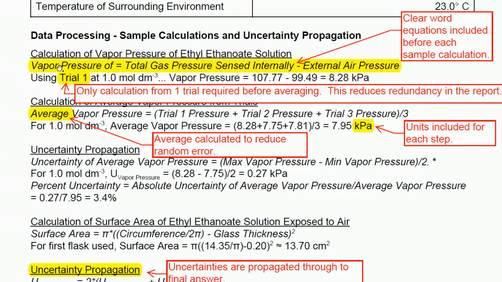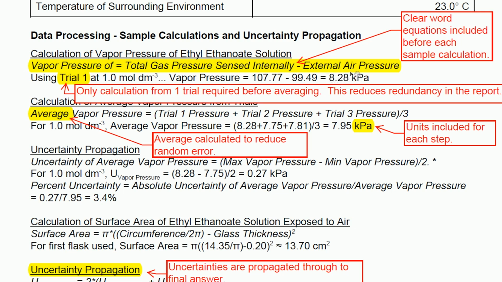Another thing that you should always try to remember is that you don't want to be redundant with your sample calculations. And what this means is that you only need to show one type of calculation in your lab. In other words, you don't have to repeat the same calculation to show how you've done it more than once. In this case, the student has clearly identified trial 1 and has subtracted once to determine the vapor pressure, and then below, all they've done is they've averaged the other 3 values.